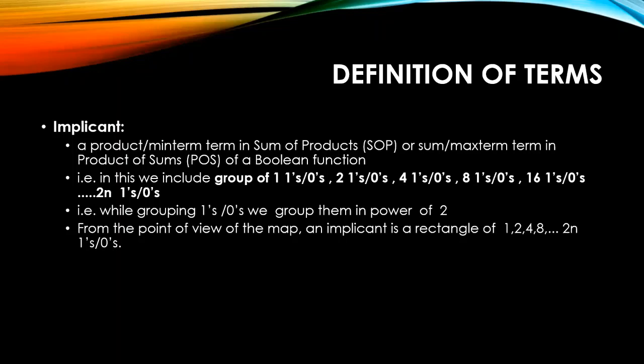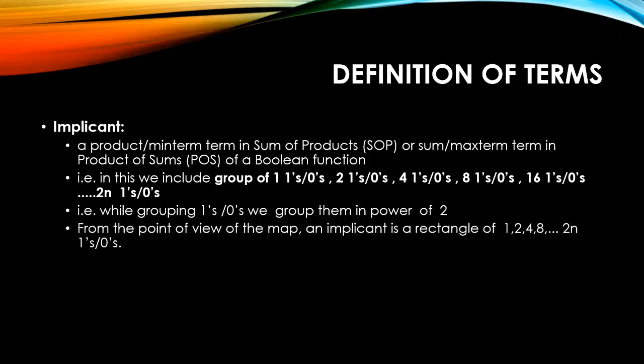These are the inputs that we combine to give us a simplified equation, and when we combine implicants, it should be based on the power of 2 rule.